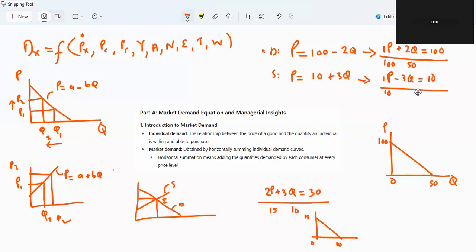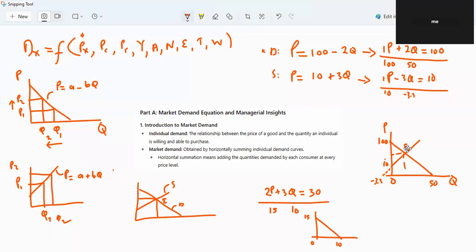Negative 3 into 10 is negative 3.33. So if we're going to sketch this one, on the P, it will cut at 10. On the Q, though we don't consider negatives, just for sketching purposes, it comes from negative 3.33. So this is how we are sketching. It starts from 10. Then what do we call this point where they meet? It's called equilibrium.